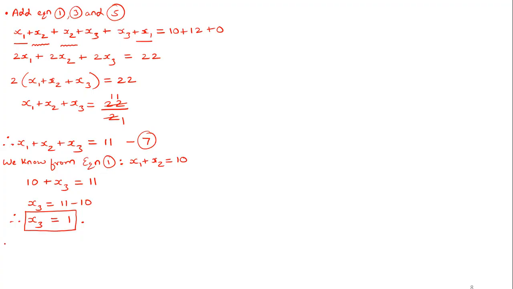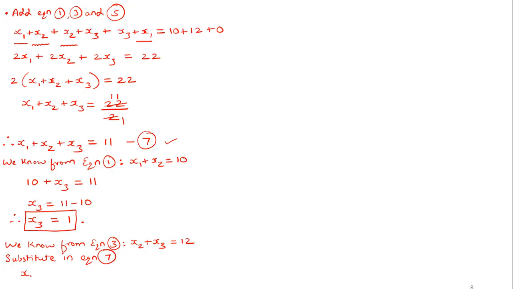Now we know from equation 3 that x2 plus x3 is equal to 12. And what we will do is substitute this in equation 7. Okay, so this is equation 7. So x2 plus x3 is 12.